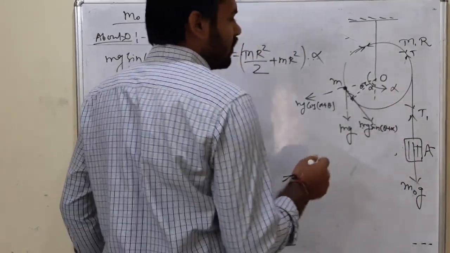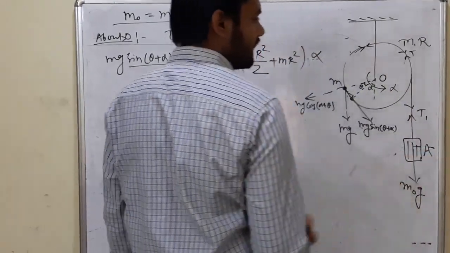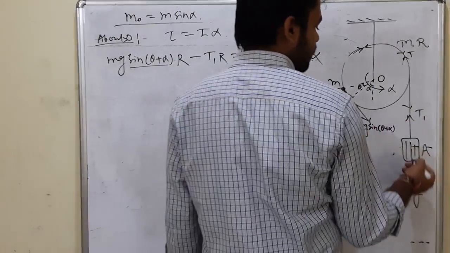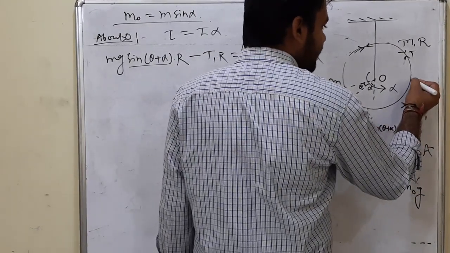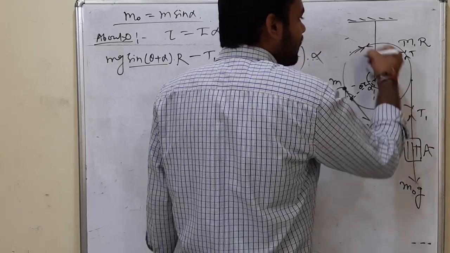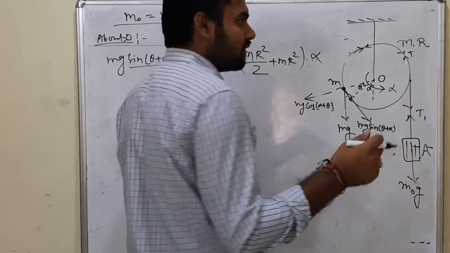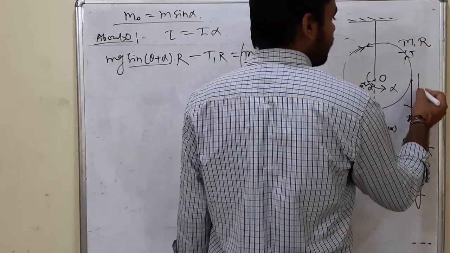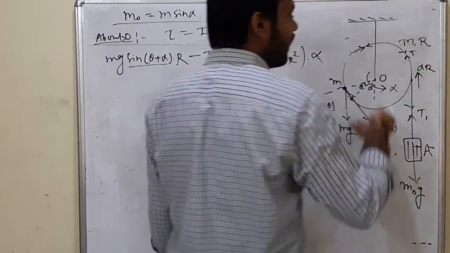In this situation, what will be the acceleration of this block? That is a. This block will move with the same acceleration as the point in contact with the cylinder. It is given in the question that there is no slipping, so this point must move with an acceleration of alpha times r in the upward direction.